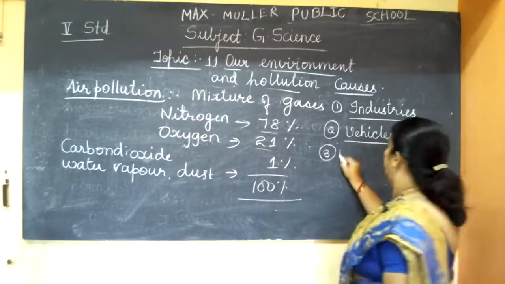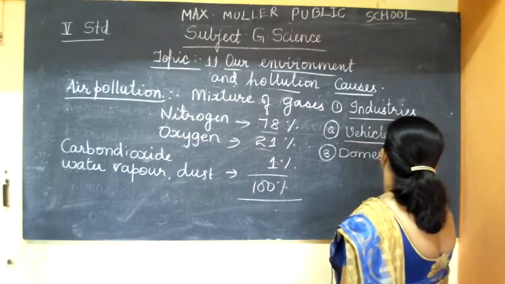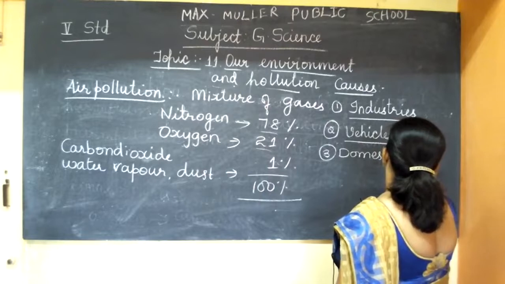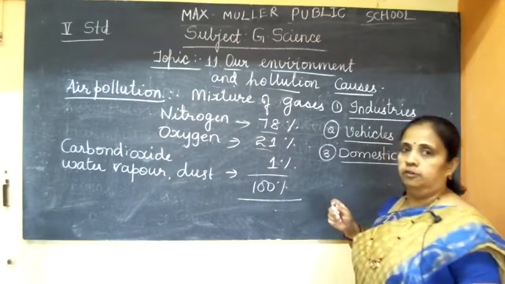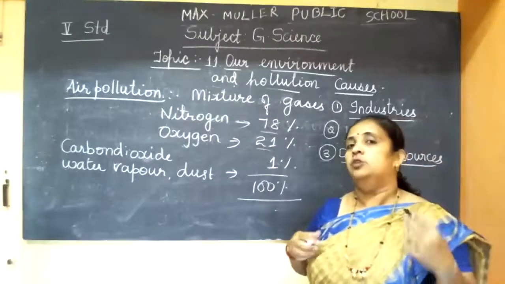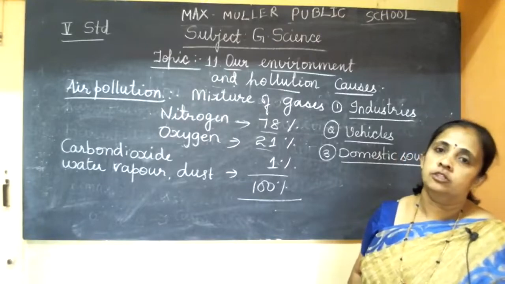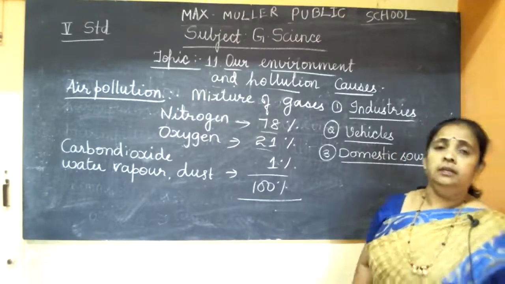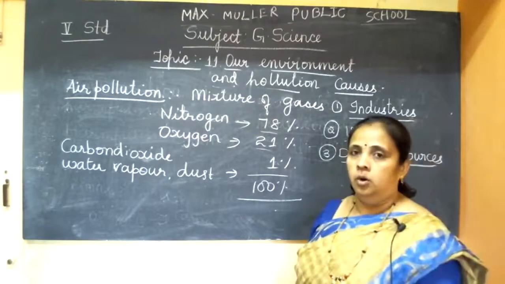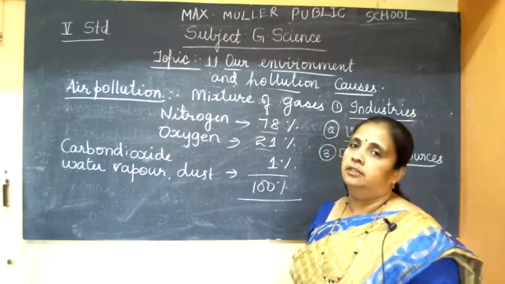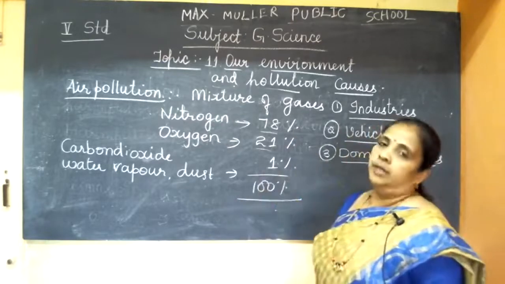The next one is domestic sources, that means houses, hotels, and restaurants. In a few hotels, restaurants, and houses, they use coal for cooking. When they burn it, it releases smoke and harmful gases that get mixed in the air and cause air pollution.